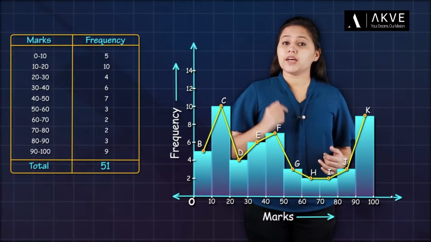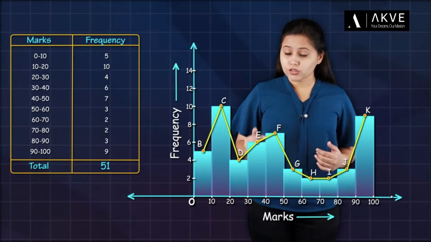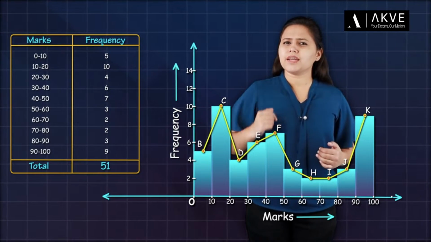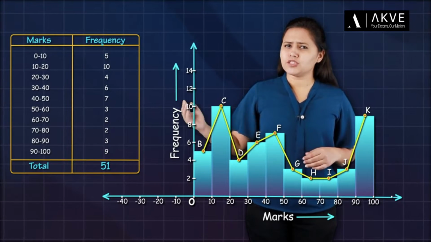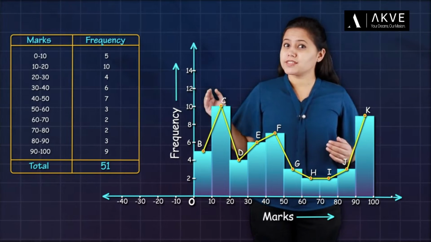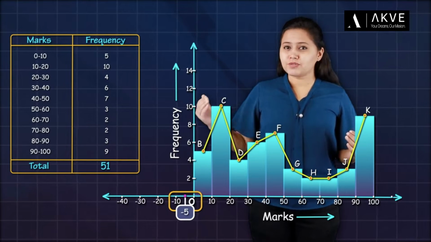Well, to find the interval preceding 0 to 10, first extend the horizontal axis in the negative direction. So we get the markings as -10, -20, -30 and so on. Then find the midpoint of the imaginary class interval -10 to 0, which is clearly -5.